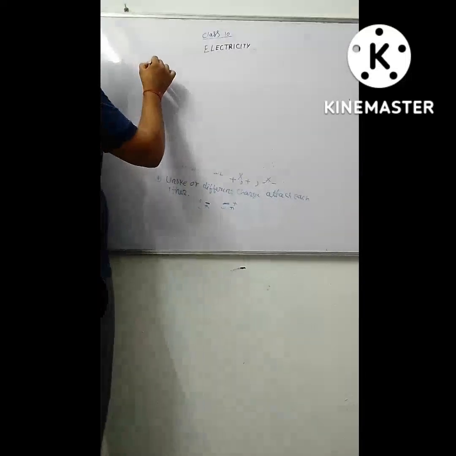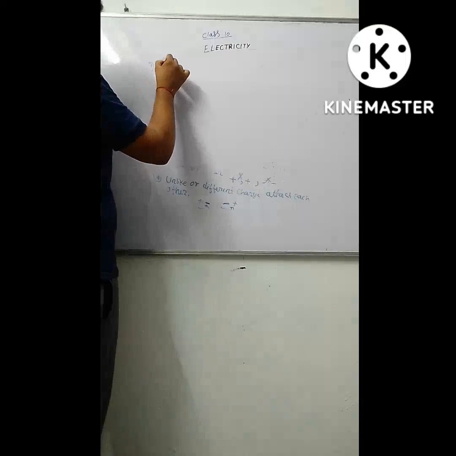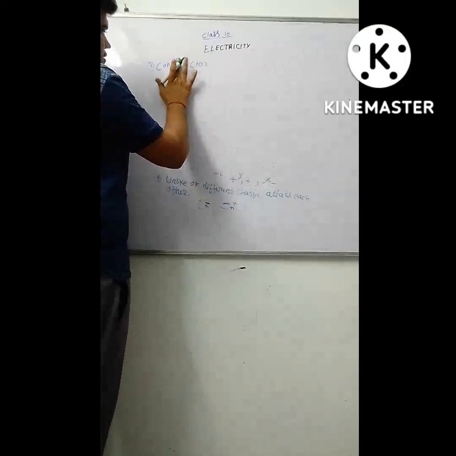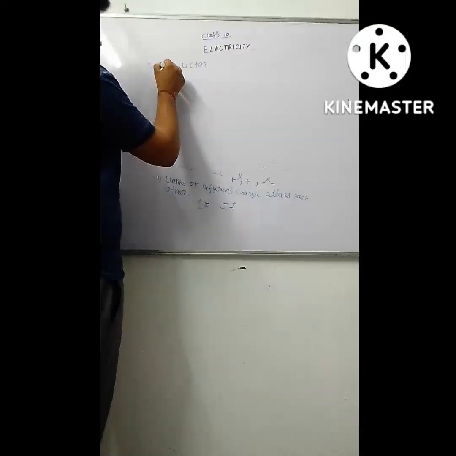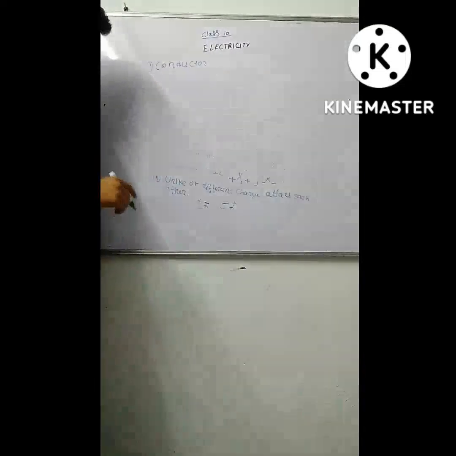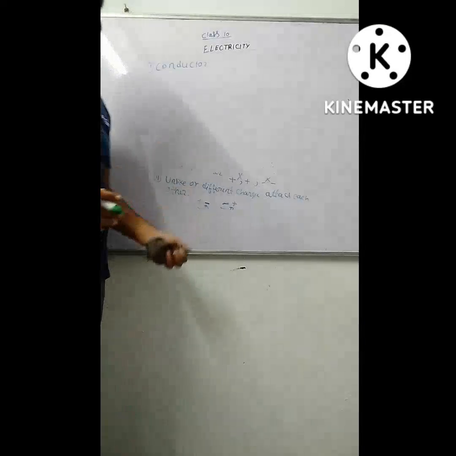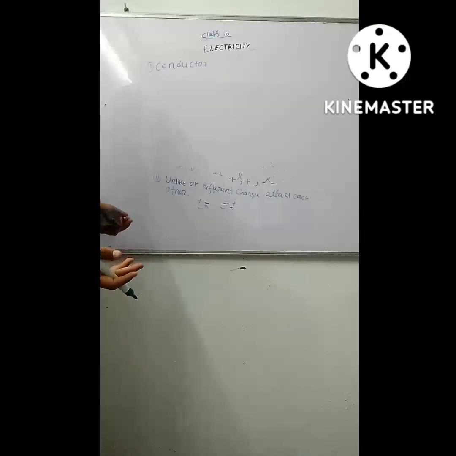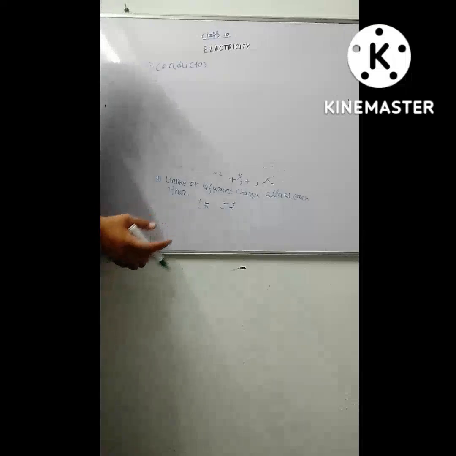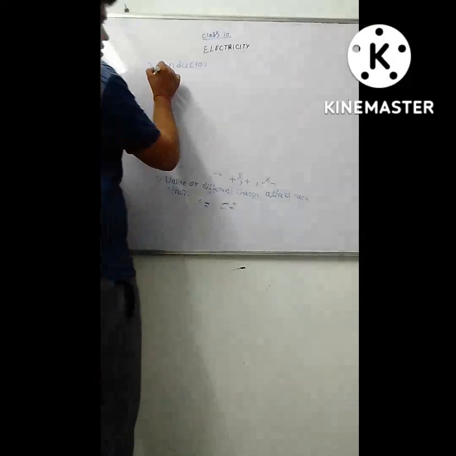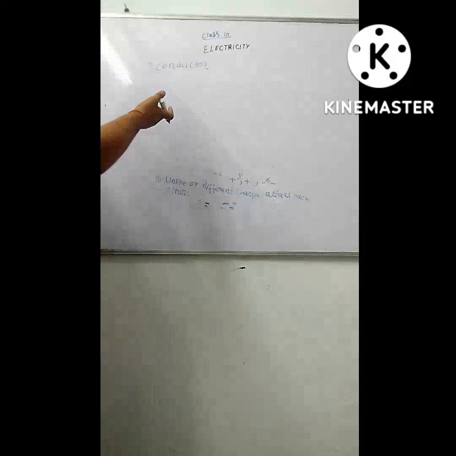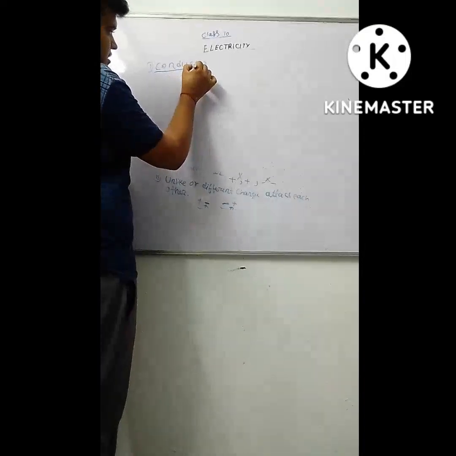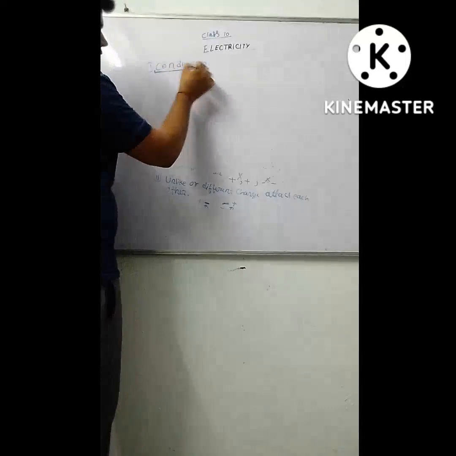First name is conductor: those materials through which electric current passes, or we can say the material in which electric current easily passes, are called conductors.